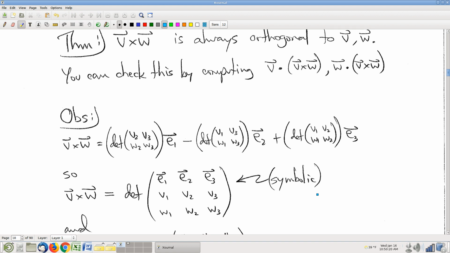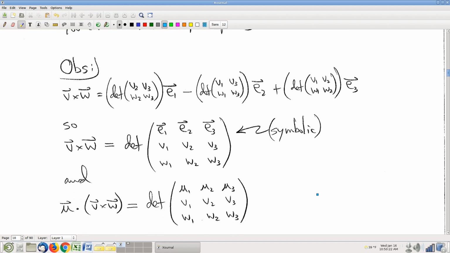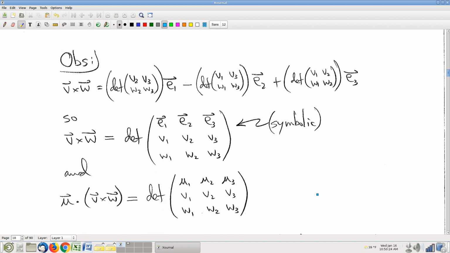Okay, last observation then, and this is a super important one. What would happen if I took a dot product of V cross W that we've been discussing, right, with some other vector U? Well, here's the formula for how to write down a dot product. You take one of the vectors that you're dotting, you write down its coordinates.